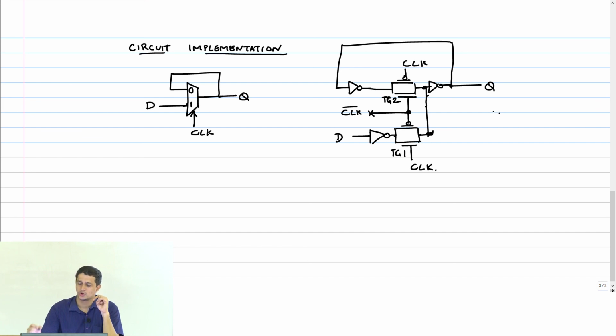Okay, so we are out of time. So in the next class on Monday, we will exactly determine what the setup time and clock to Q delays are for this kind of implementation. Okay, and hopefully his question also should be answered at that point.